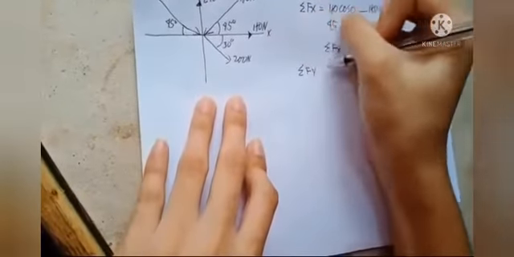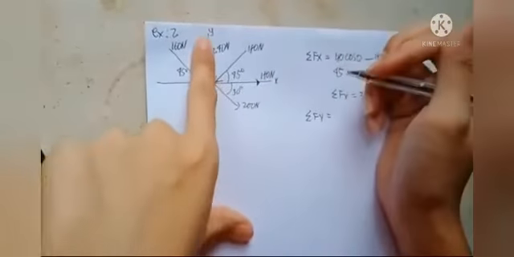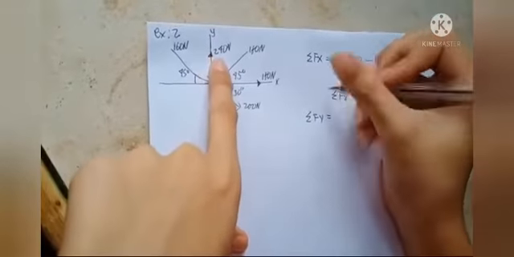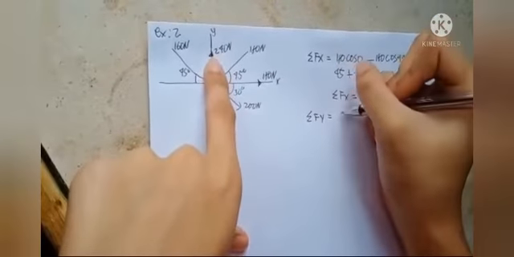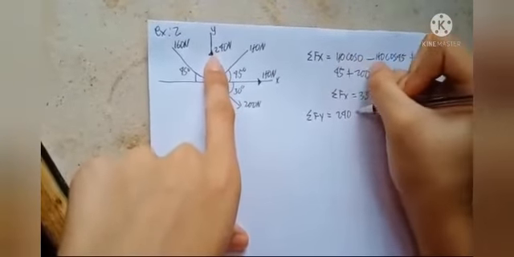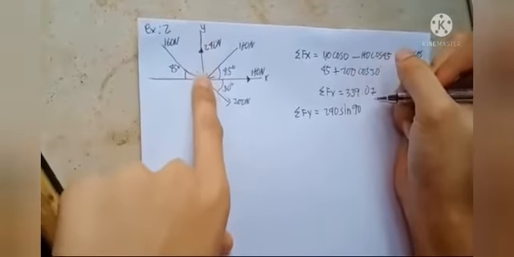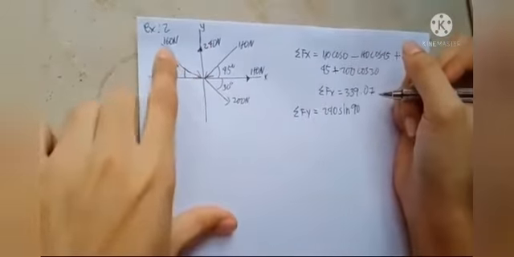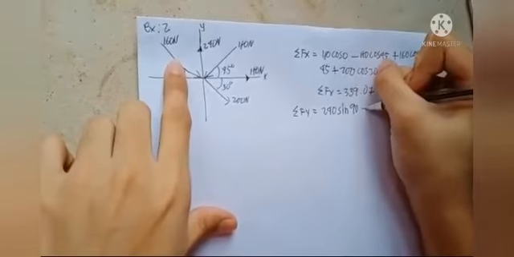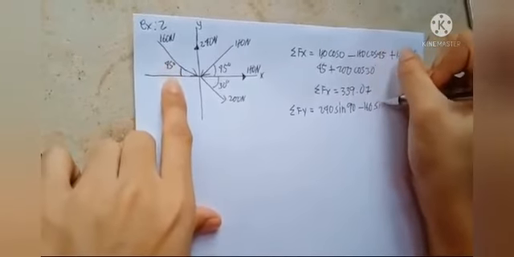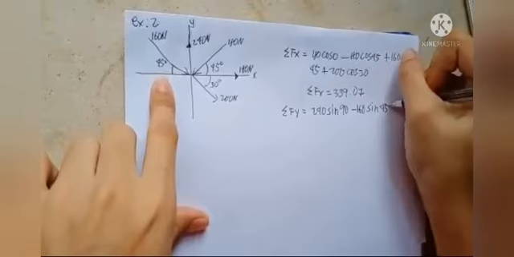Sigma f of y is equal to, we start with this one since it is along the y. 240 sine 90 degrees, it's at 90. Next is negative 160 sine 45.